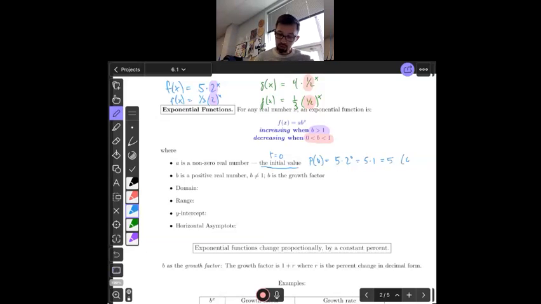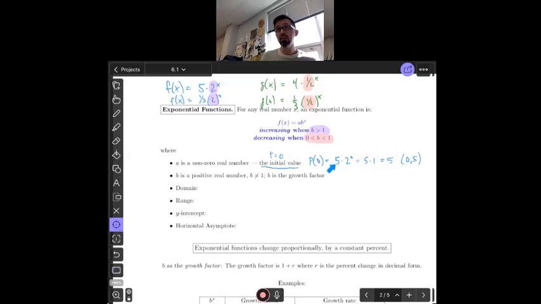So our point would be (0, 5). If I had 5 bacteria, and then they were doubling every hour, that's what that would represent. That would be my initial amount.